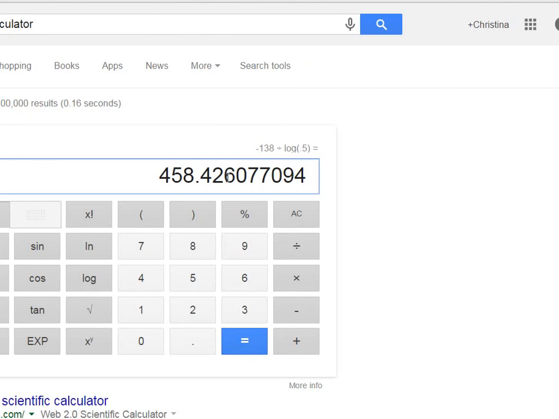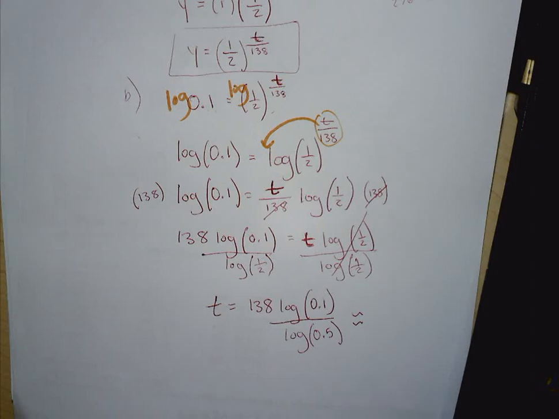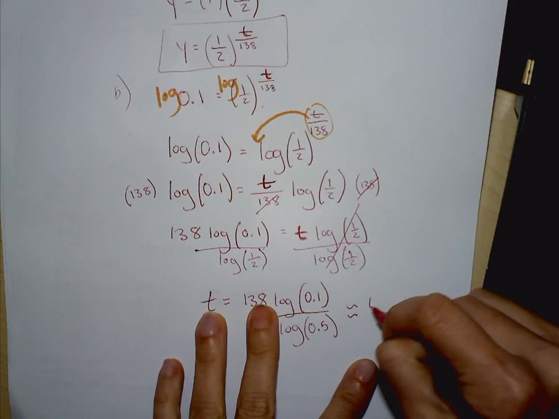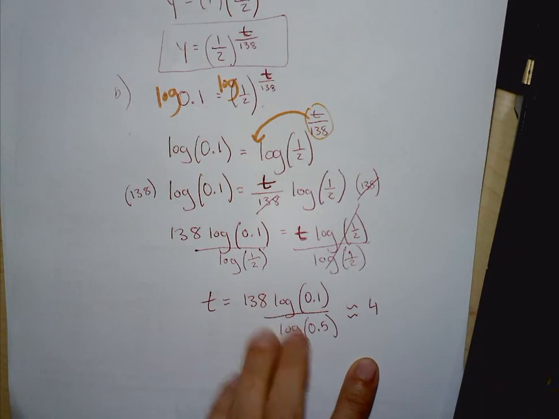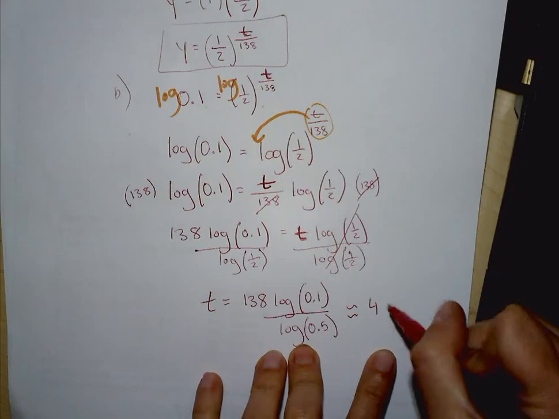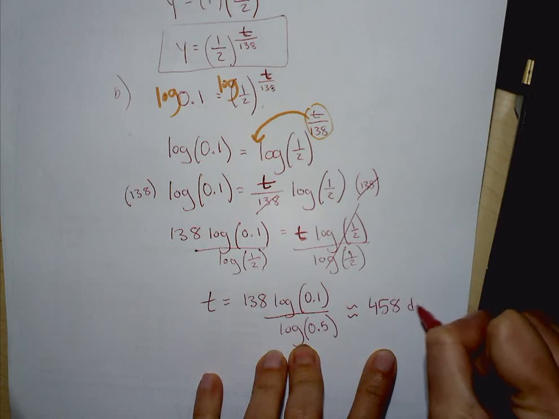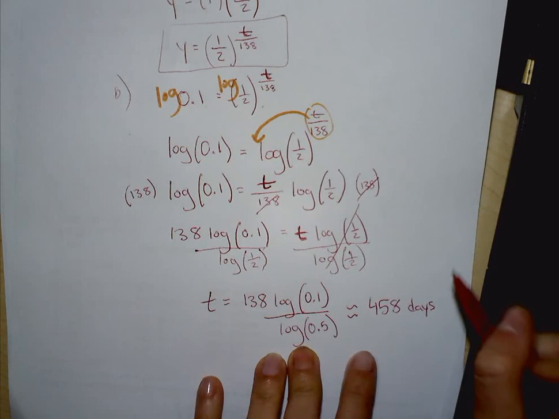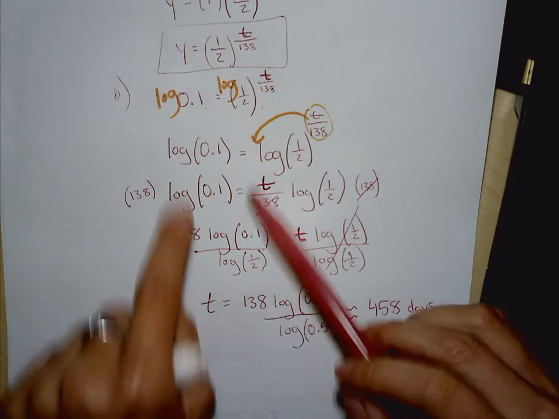Because this is in days, I'm just going to round. So I'm going to say 458 days. Yeah, 458 days to get 10%, 0.1, of what I originally started with.